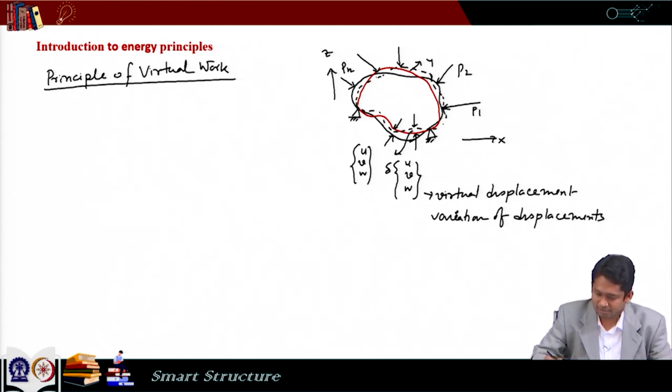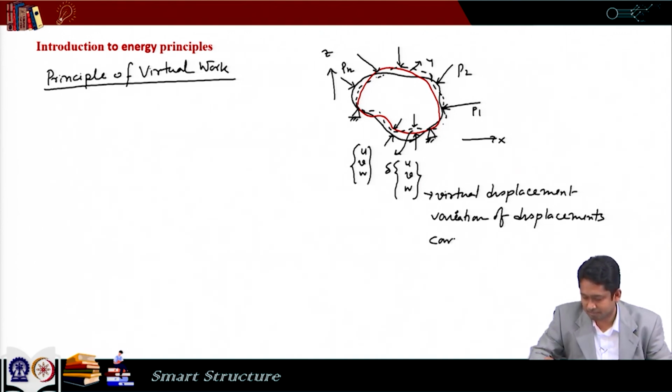Now, as we said, at those points where our functions have specified values, the variation should be 0. We can see here that we have some boundary conditions. So, our virtual displacement, or the variation of u, v, w, does not violate the boundary conditions. They are 0 here. So, these are consistent with boundary conditions.